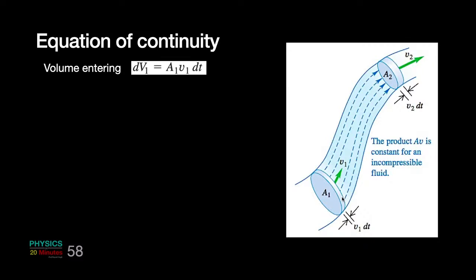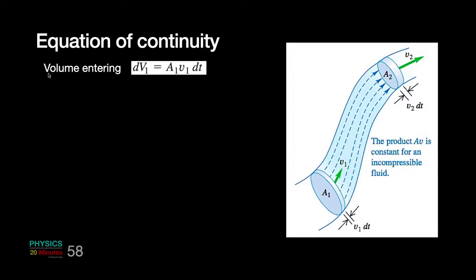So that means in time dt, if I ask how much is the volume of fluid entering the tube, then it is the volume of this small little cylinder or disc, whatever you call it, whose area is A1 and whose thickness is v1 dt. This is the volume of the liquid that enters the tube in time dt.